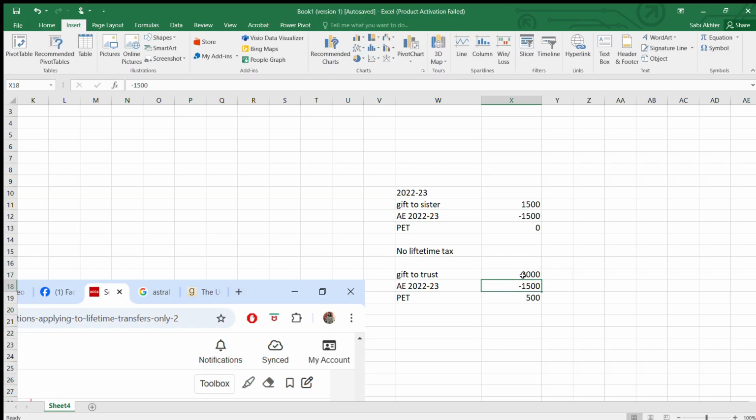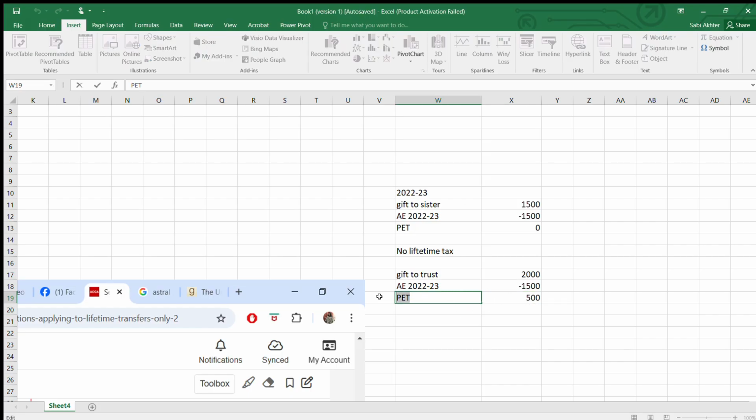Even this will be covered by the annual exempt amount. Remember, same tax year, you have used 1,500. The balance 1,500 could be used from here. Then we have another 500 remaining, and this 500 you can also use.